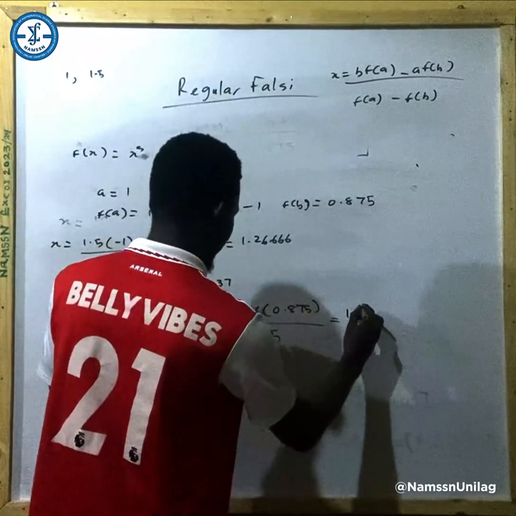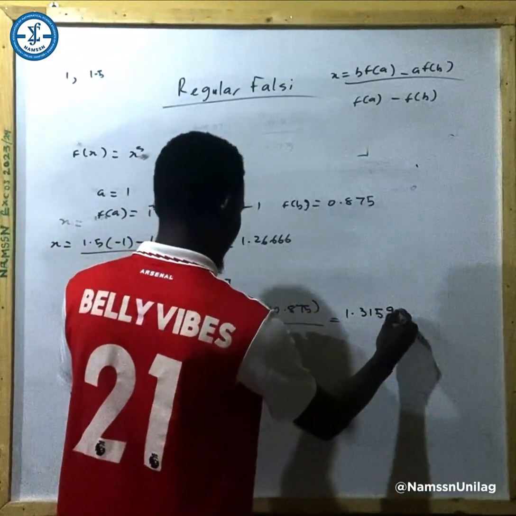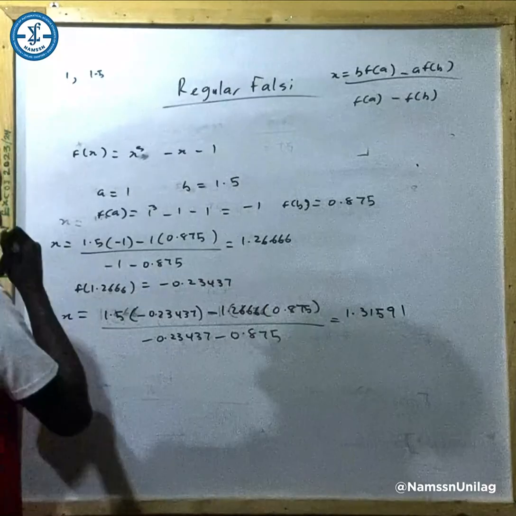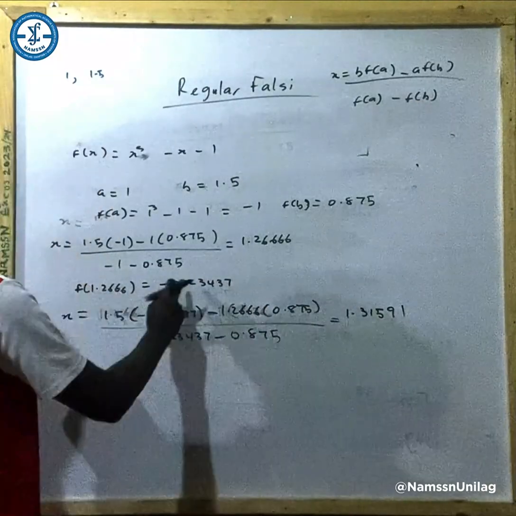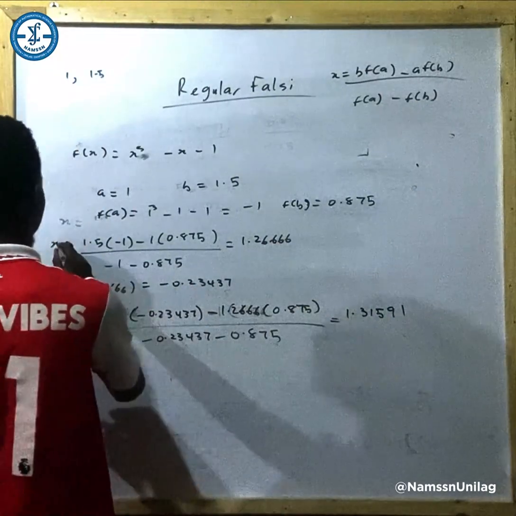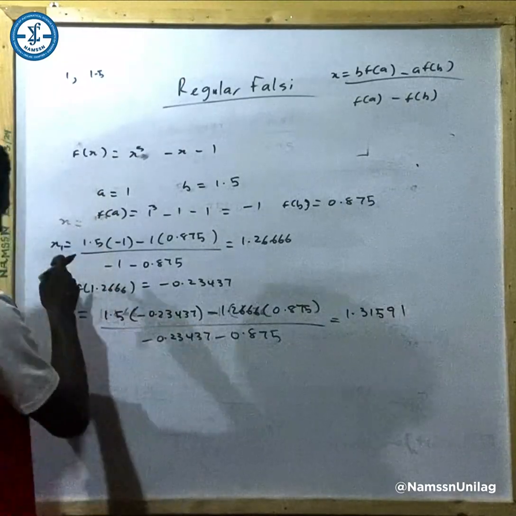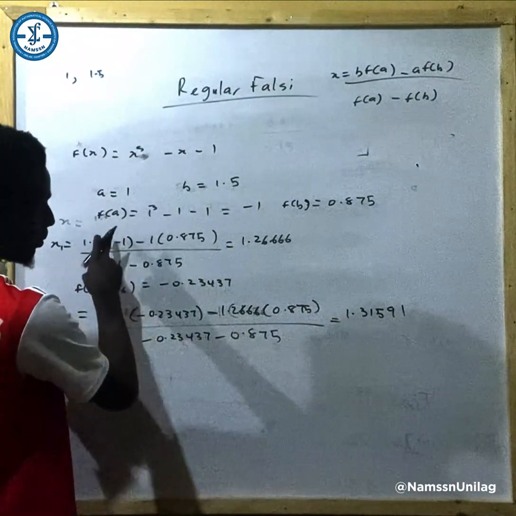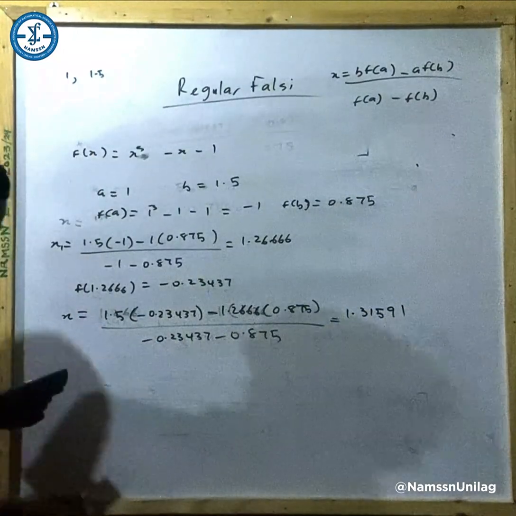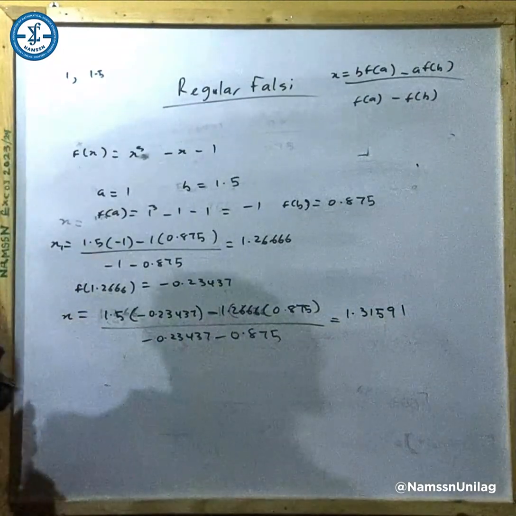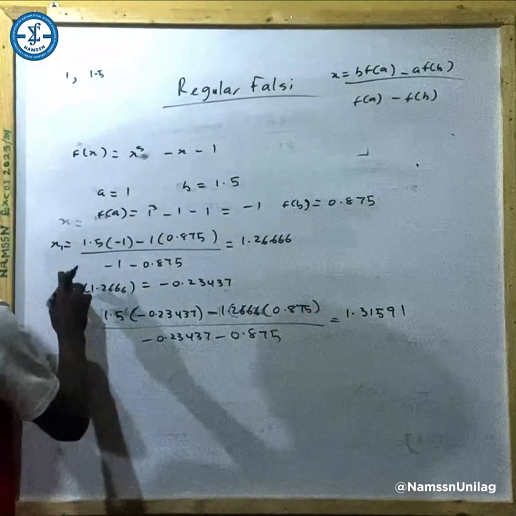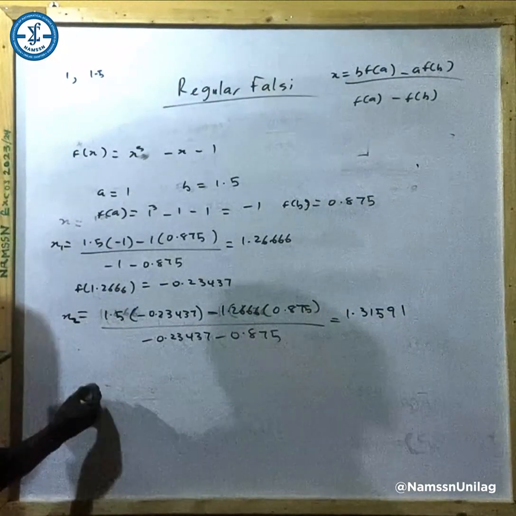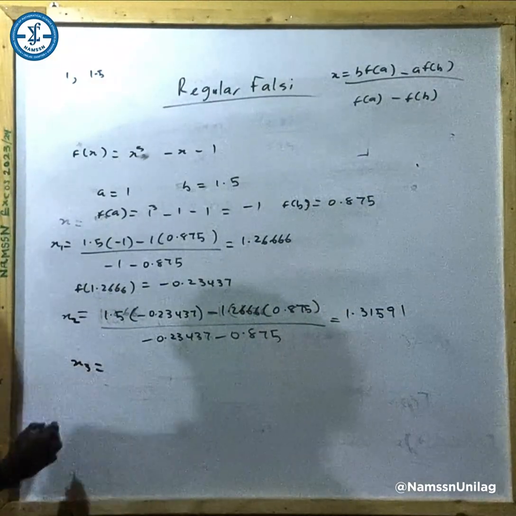So I have 1.31591. When you get your x1, you're going to be replacing both. If x1 is negative, you replace it with the negative counterpart, as in the regula falsi method. So this being x2, now x3.